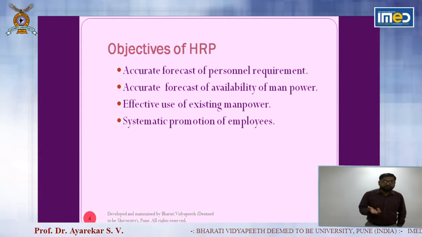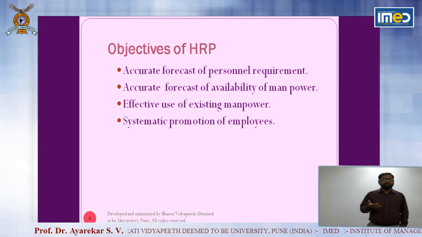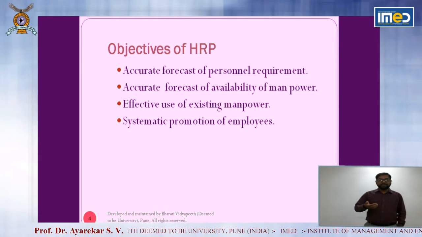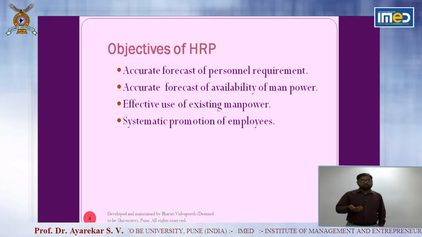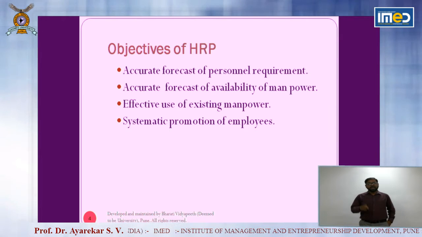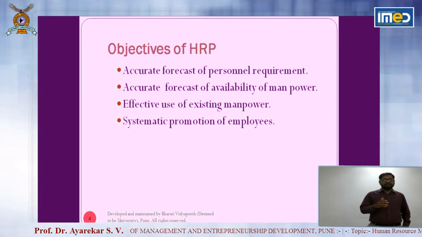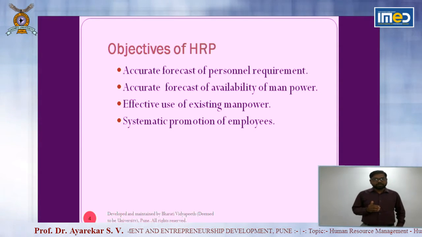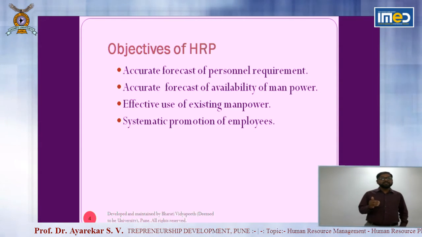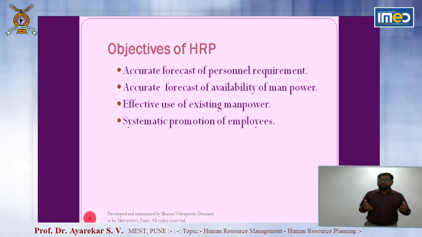With the help of the target given to that particular department. Based on that, we find out how many employees are required. That is called accurate forecast. The second important objective is accurate forecast of availability of manpower, that is also called supply.